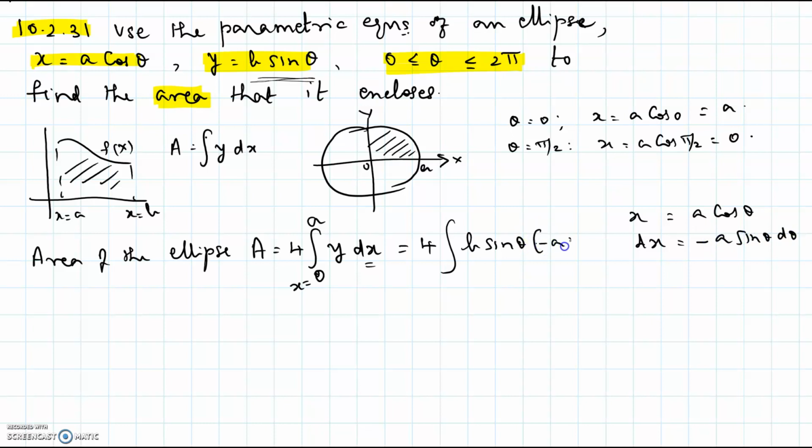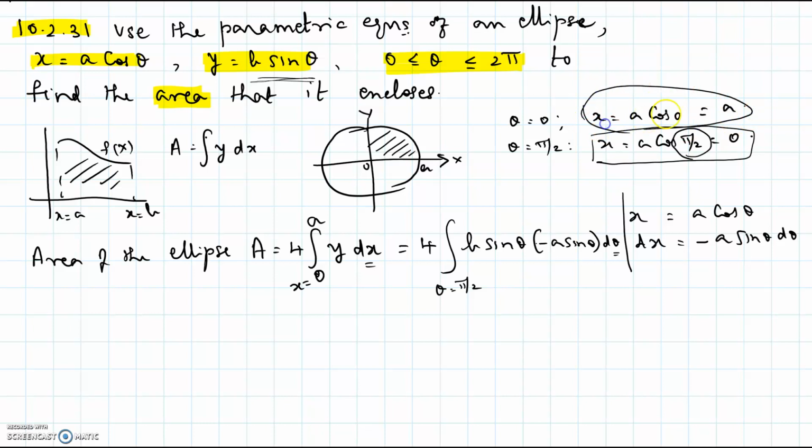So everything is now changing to the variable theta. x equal to 0 actually corresponds to theta equal to pi by 2. Then x equal to a corresponds to theta equal to 0.